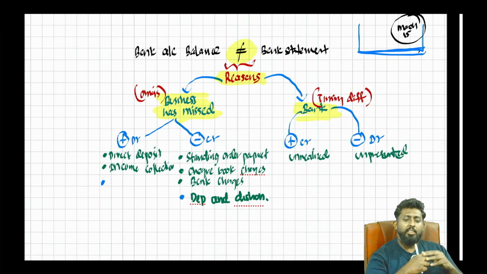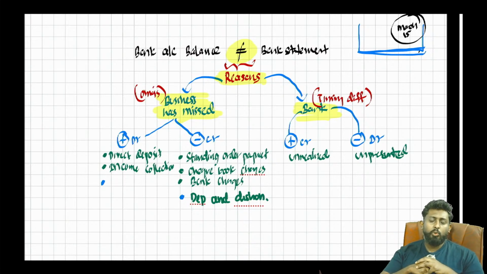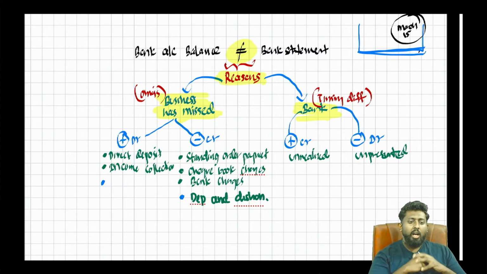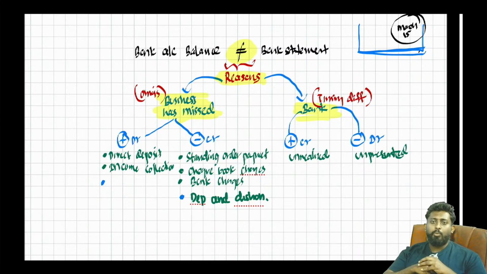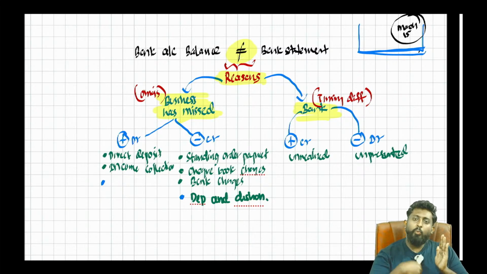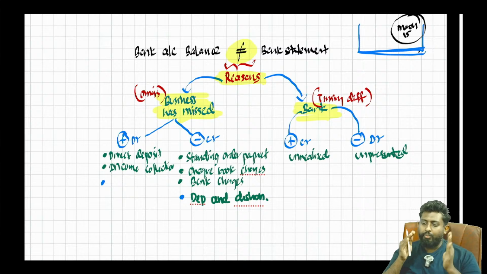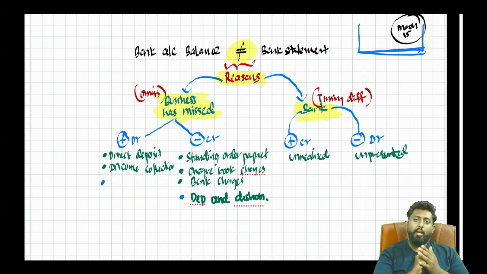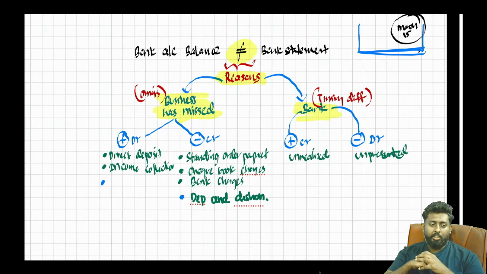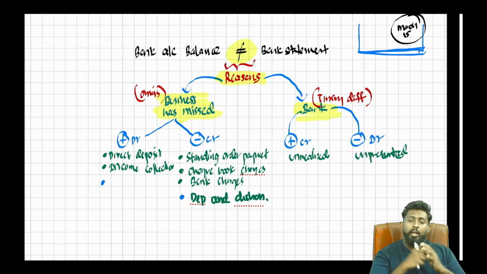Then what is this? The bank would normally have missed these two types of checks, which are known as unpresented checks and unrealized checks. So, what is an unpresented check? When we issue a check, on the date we issue it, our accountant would credit our bank account. They would minus it. But when would the bank minus?